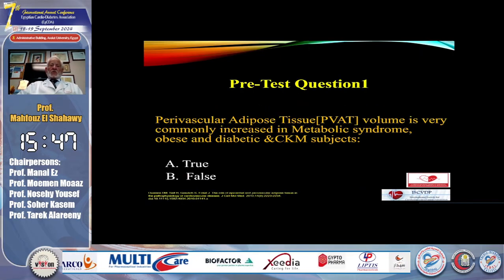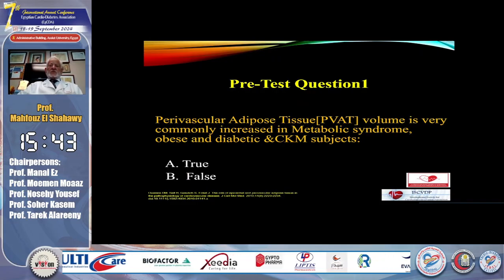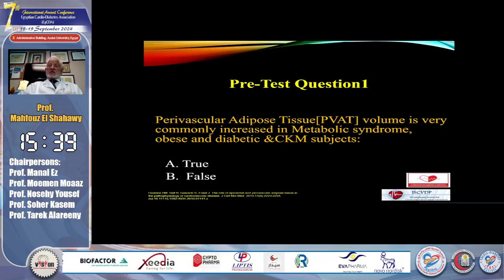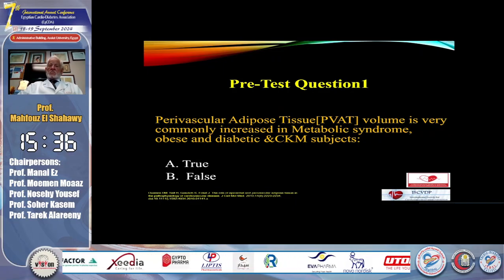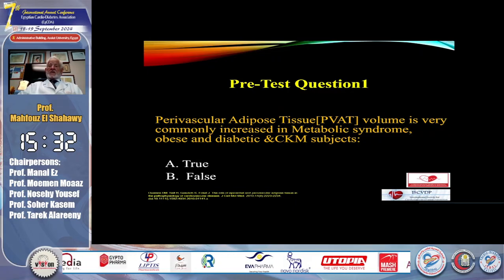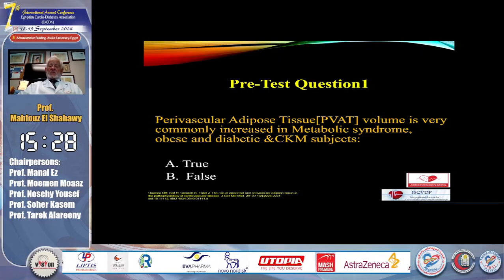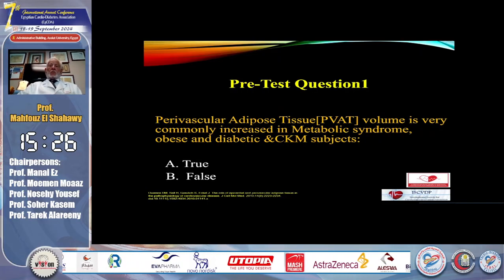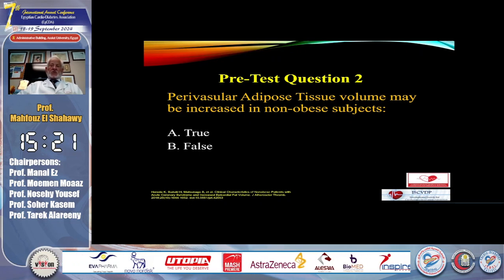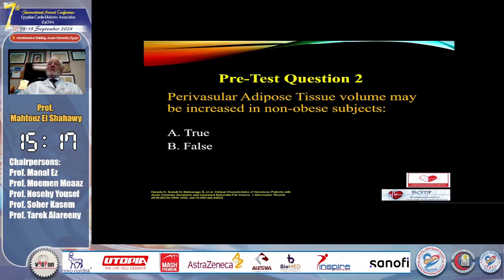One of the first questions is: perivascular adipose tissue, get used to the term PVAT, is commonly increased in metabolic syndrome, obese and diabetic subjects, and also people with chronic kidney metabolic syndrome. The answer, you will definitely agree, is true. Next question: perivascular adipose tissue volume may be increased in non-obese subjects.